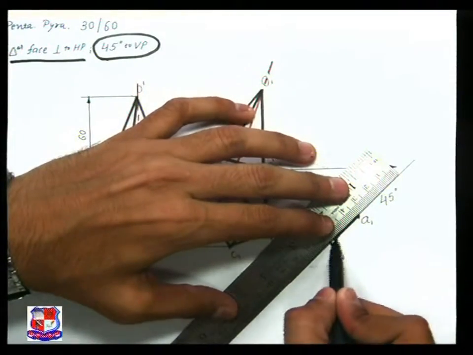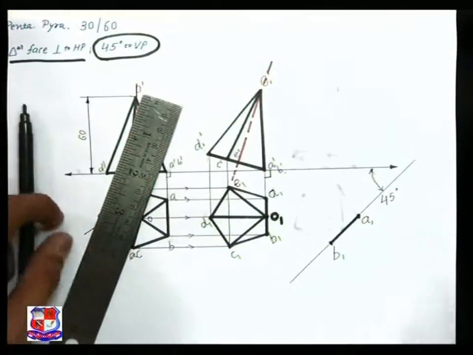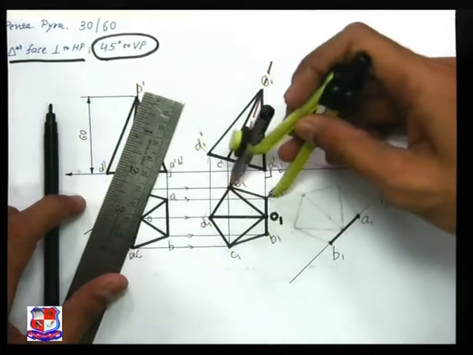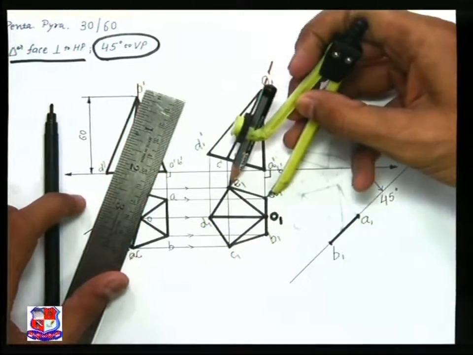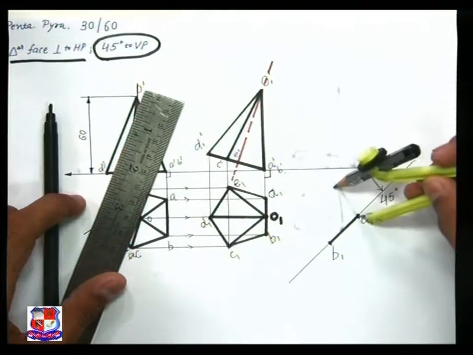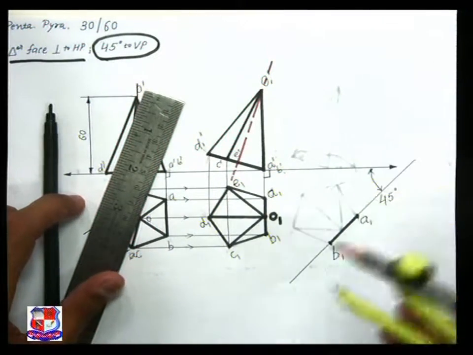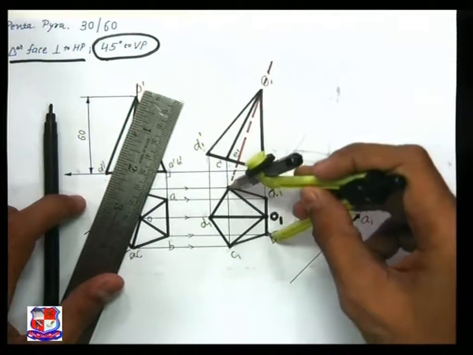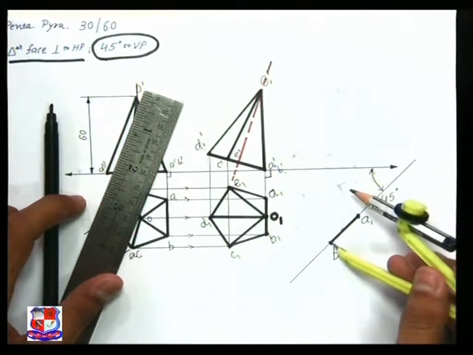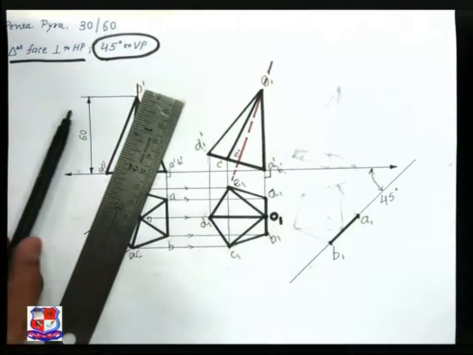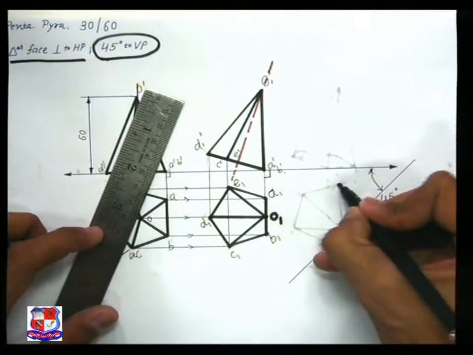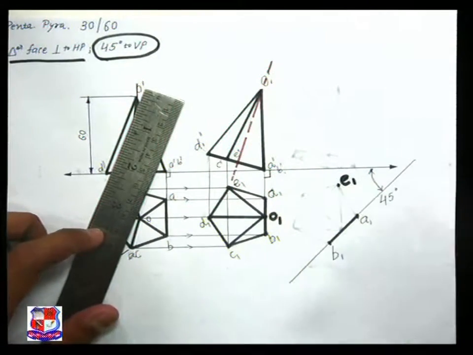Now what about all the rest of the points? For that, measure the distance A to E like this, take A1 as a center and draw an arc like this. Measure the distance B1 to E1 like this, take B1 as a center, draw an arc. So somewhere here point E1 would be there.